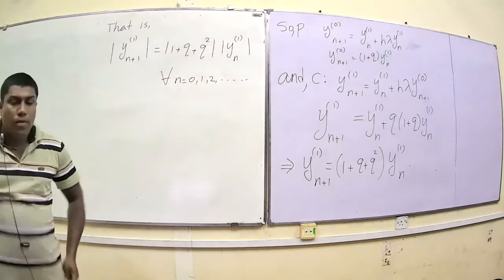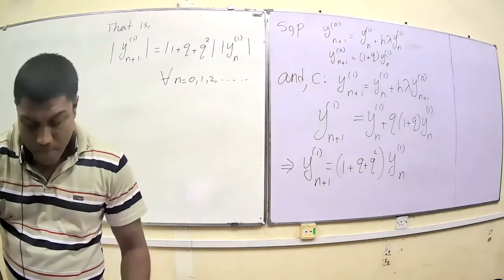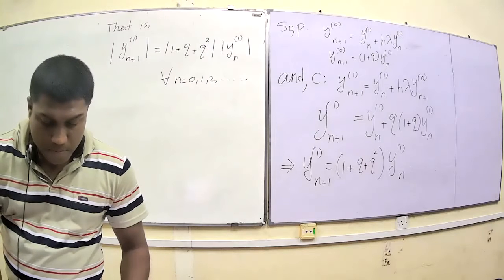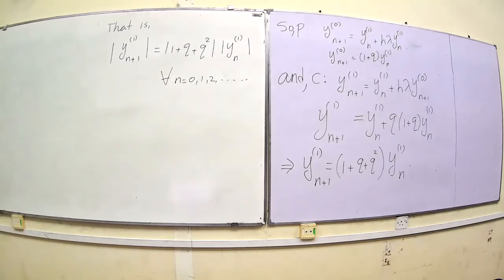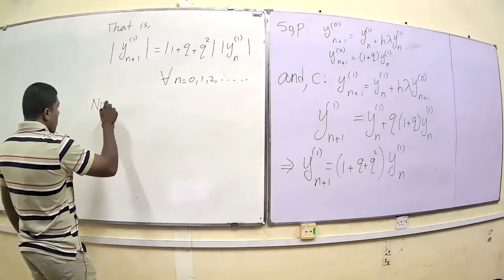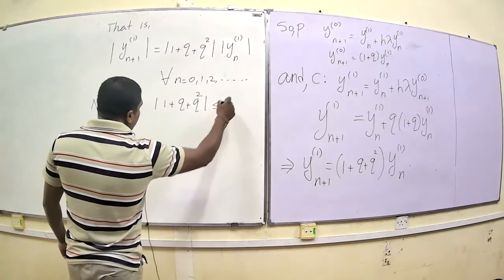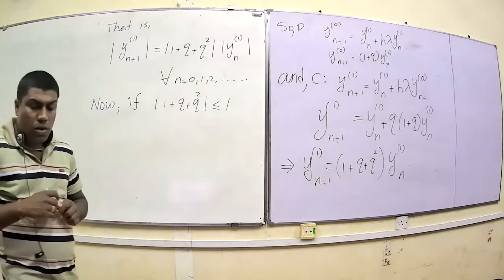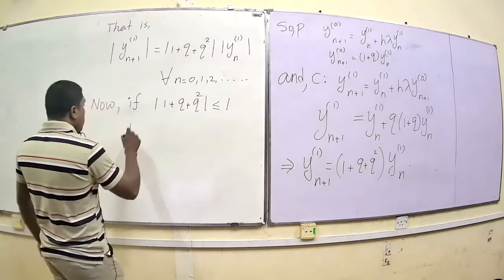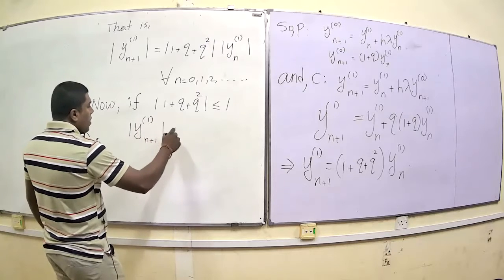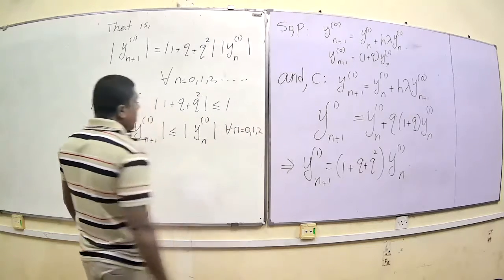So this is true for all n. The absolute value of y_{n+1} is equal to the absolute value of 1 plus q plus q squared times the absolute value of y_n. If the absolute value of 1 + q + q squared is less than or equal to 1, then you know that the absolute value of y_{n+1} is less than or equal to the absolute value of y_n for all n equal to 0, 1, 2, and so on.